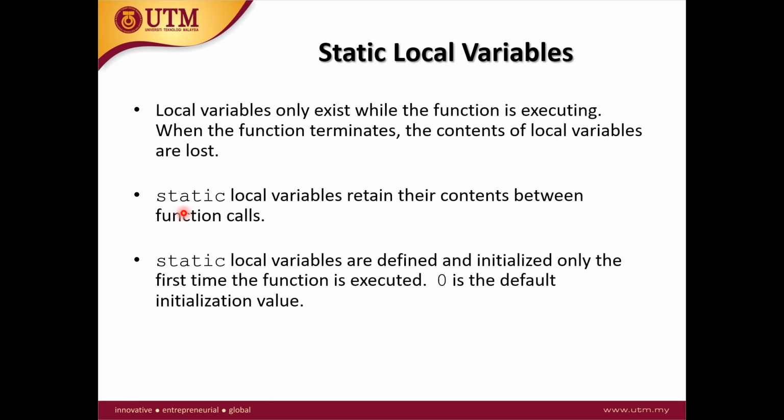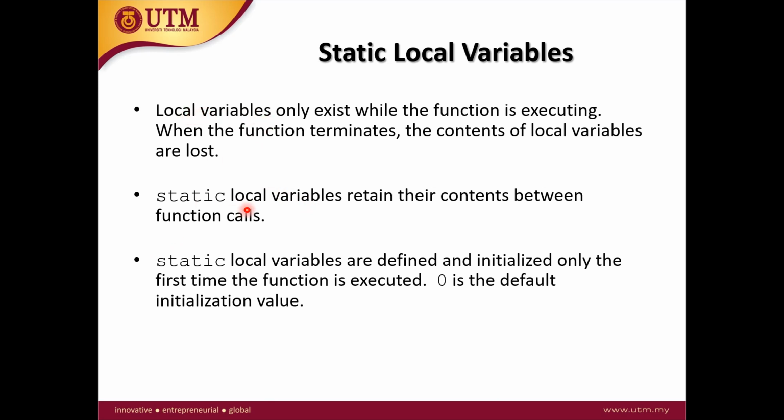But the static local variables retain their contents between the function calls. Whenever you go outside that function, the last value of the static local variable is held inside the variable. This is the main difference between local variables and static local variables.